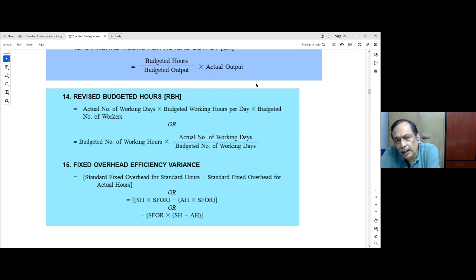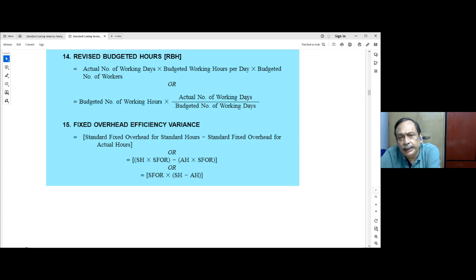Or it may be calculated on the basis of budgeted number of working hours multiplied by actual number of working days divided by budgeted number of working days.